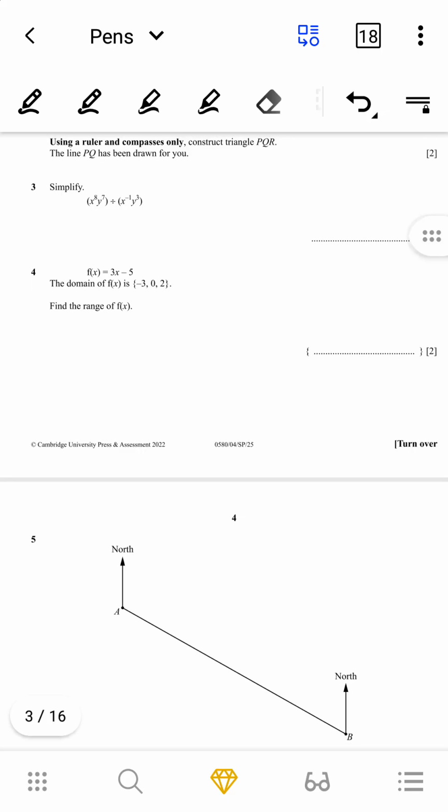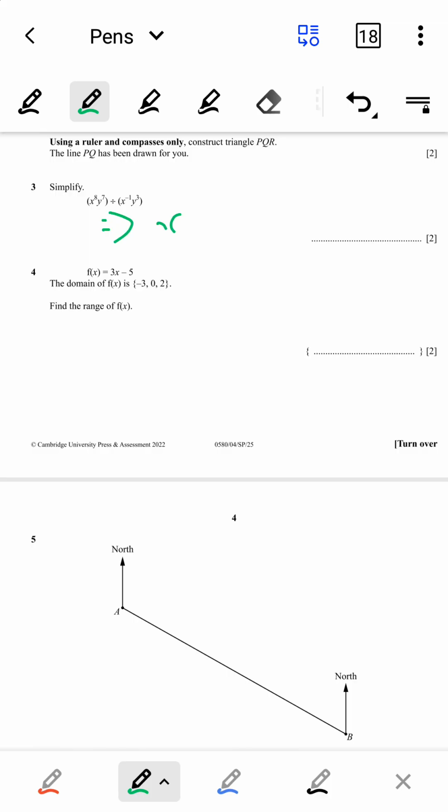Fine. Then moving forward with the next one: simplify x power 8 y power 7 divided by x power minus 1 y power 3. It's very simple. You know algebraic indices very well already, and you have studied all the laws of exponents. So x power 8 divided by x power minus 1 we write as x power 8 minus of minus 1, and y power 7 minus 3.